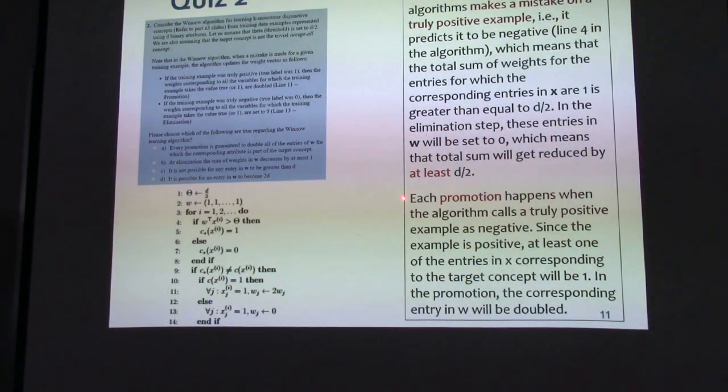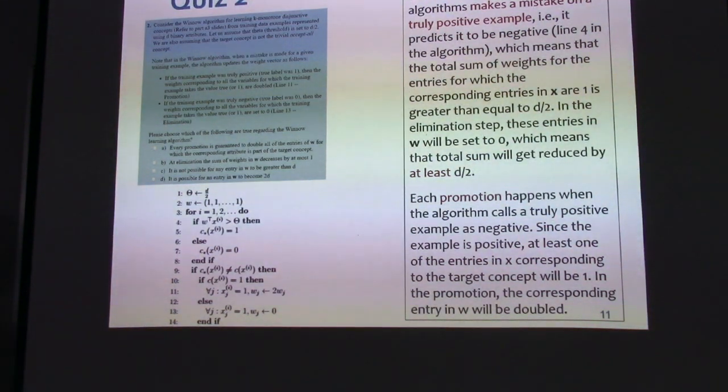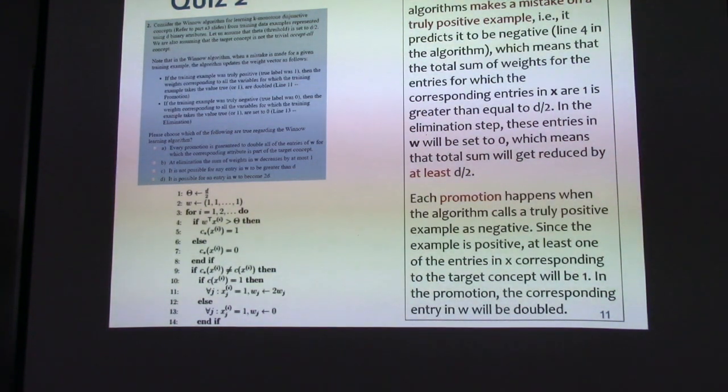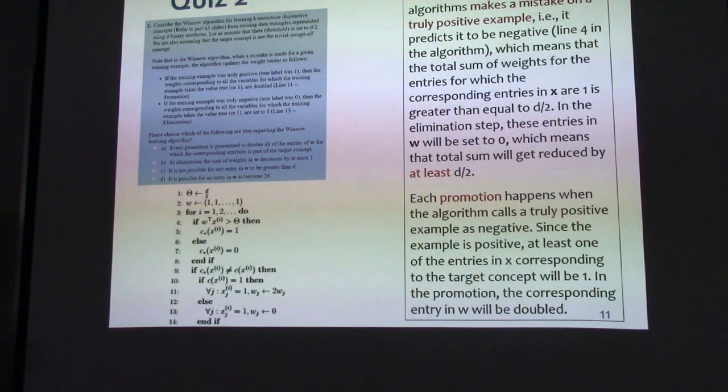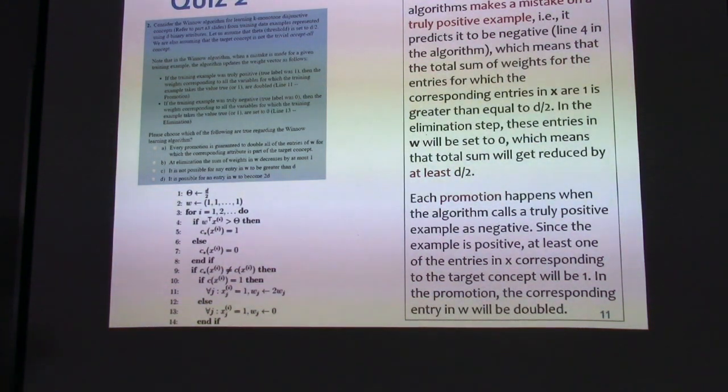And in the promotion part, the algorithm will make a mistake on a negative example. In this scenario, the algorithm will double the weights of the elements that equal 1.